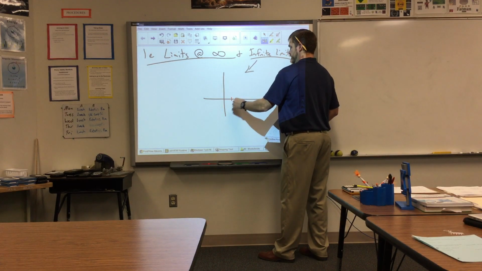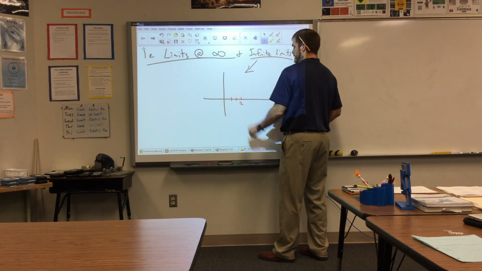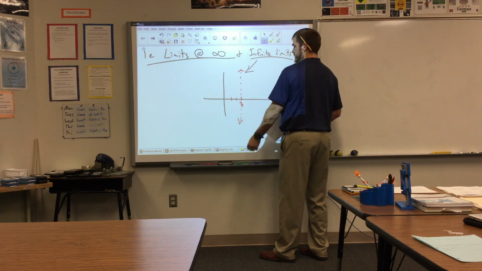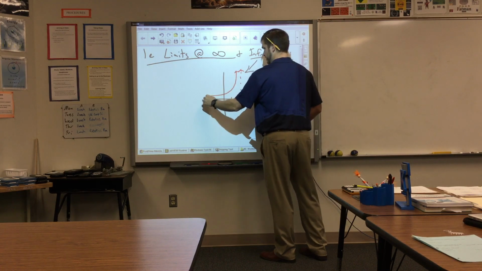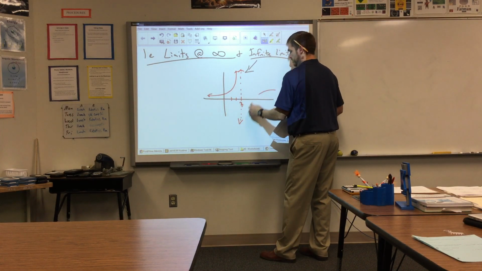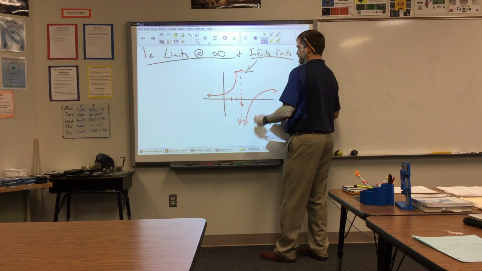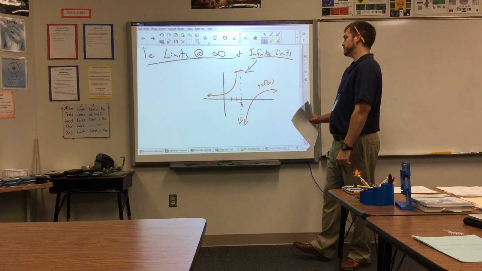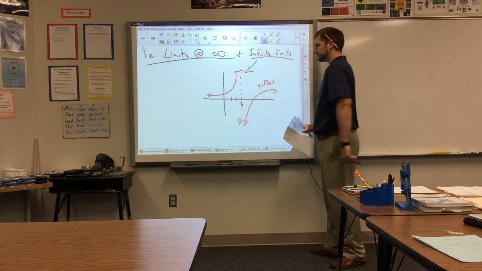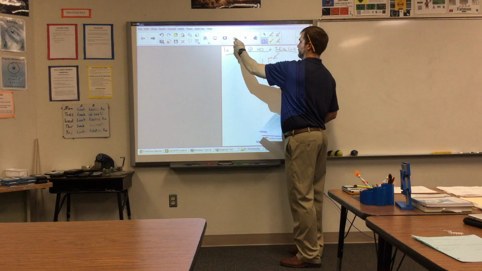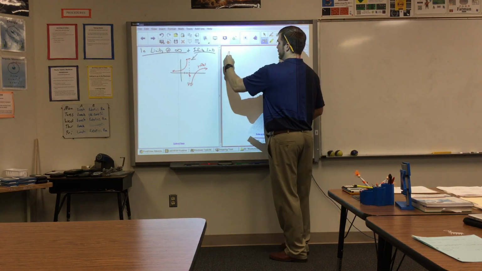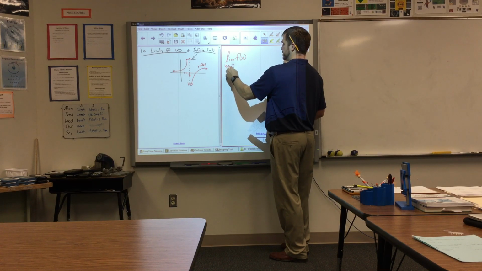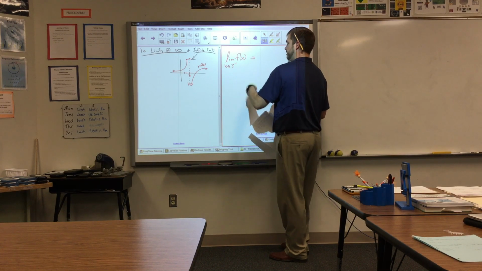Let's say that you've got some function, and at 3, there's an asymptote. A rational function y equals f of x. Say what is the limit of f of x as x approaches 3 from the left.